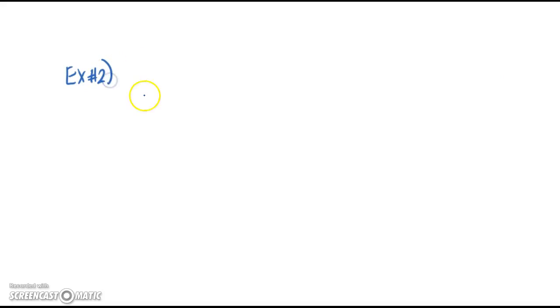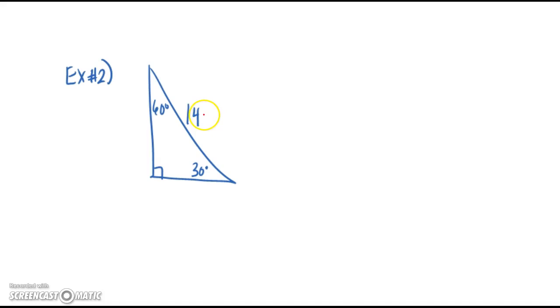Suppose that we again have a 30, 60, 90. Let's put the 60 here this time. And let's say that we're given the hypotenuse, and the hypotenuse is 14. Again, think about what side you're given. So 14 is the hypotenuse, which is the 2x side. And that's the equation that you're going to have to set up and solve. 14 equals 2x.